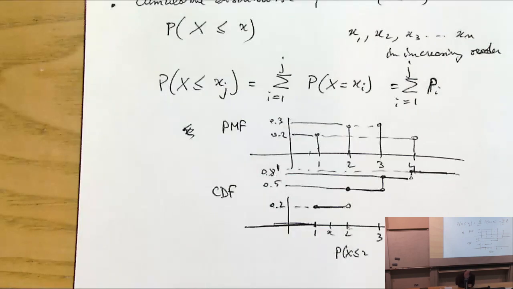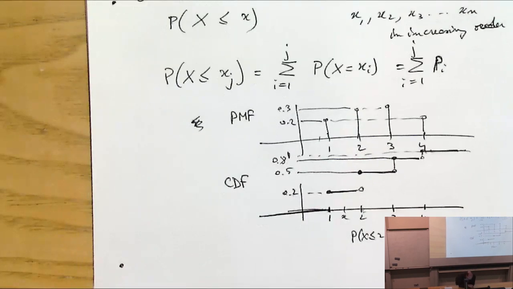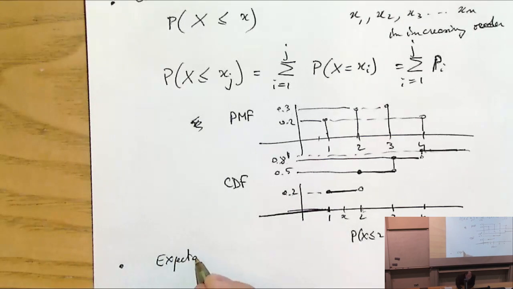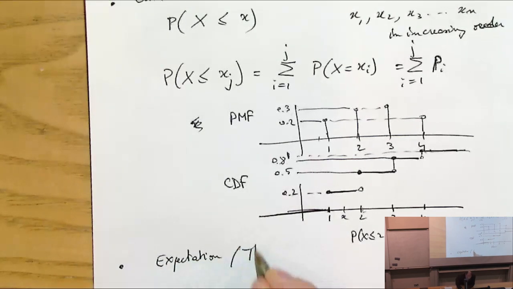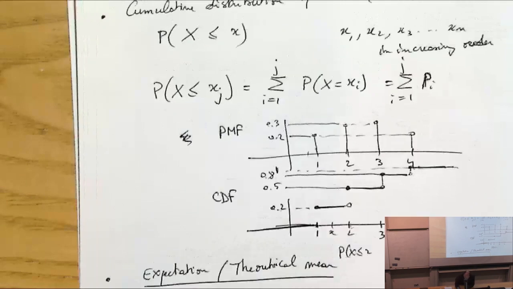Now, apart from PMF and CDF, there is something else that is very important, which is the expectation. The notion of expectation, also called the theoretical mean. What does that mean?